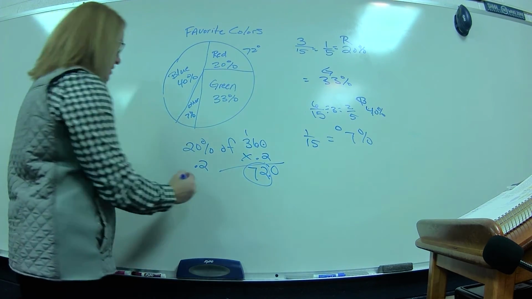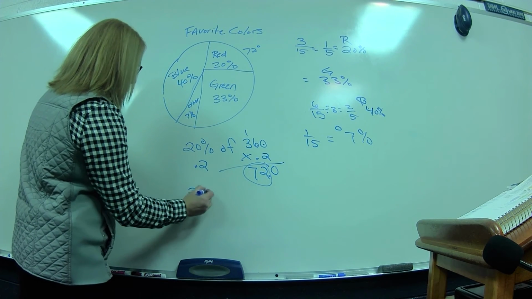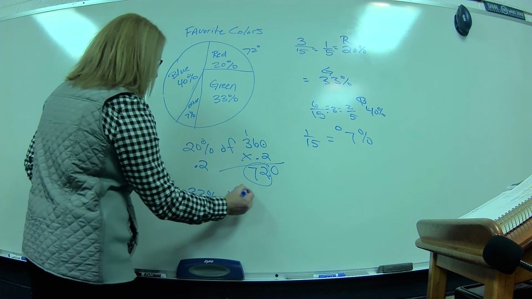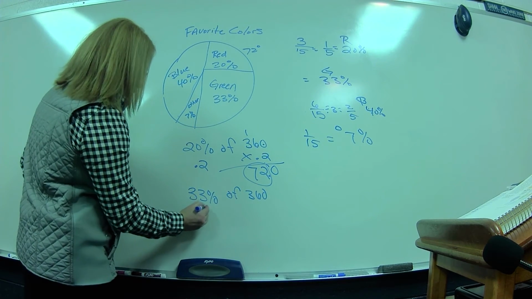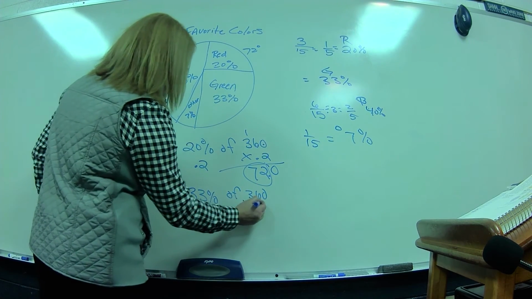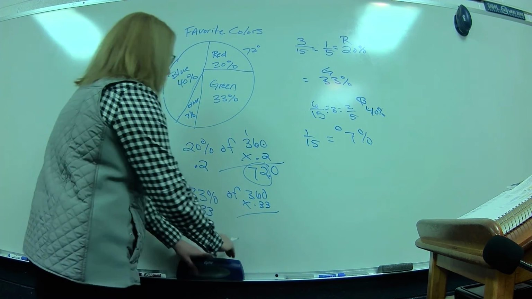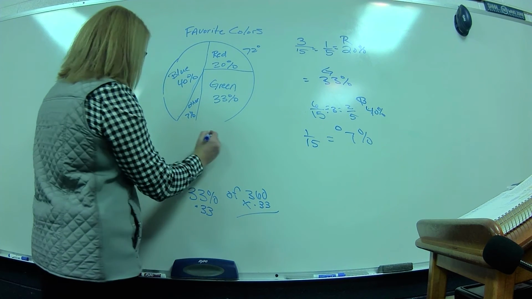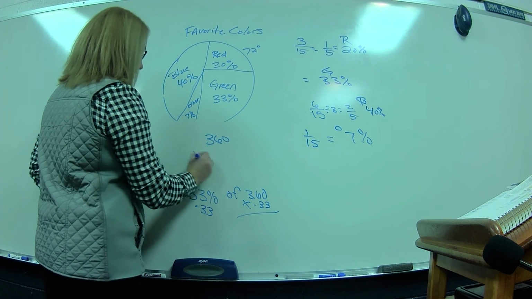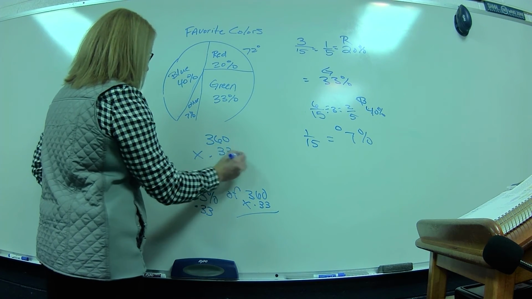All right, let's just go ahead and see what 33% of 360 would be. So you're getting a double lesson here today. So this is 0.33. Let's see, I'll erase this up here so I can do my math since I wrote 72 degrees up there. All right, so 360 times 0.33.